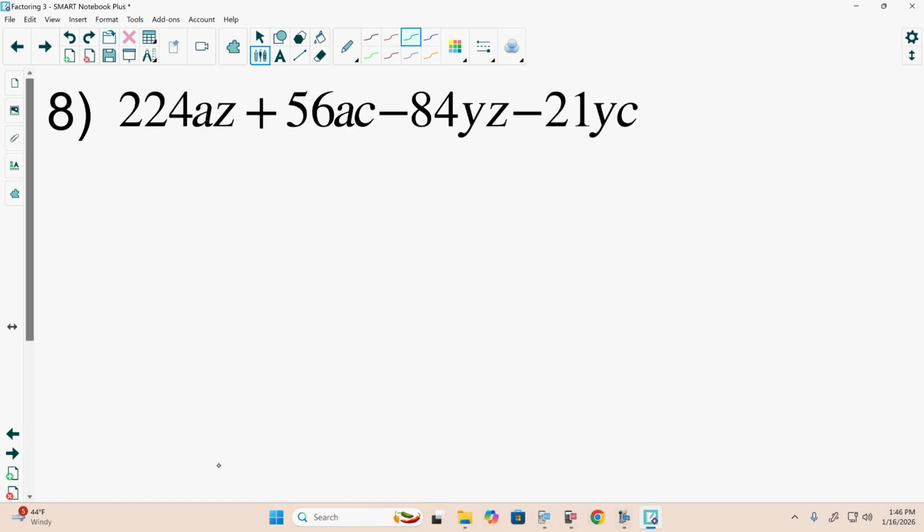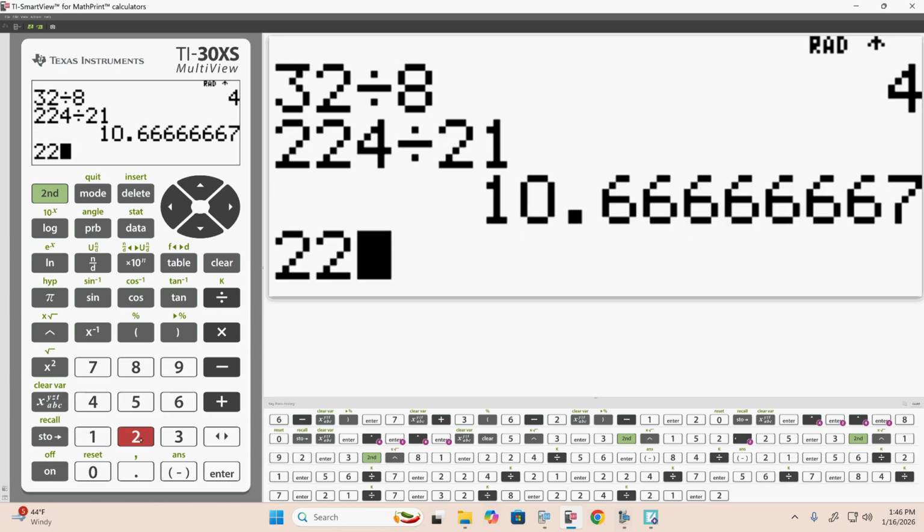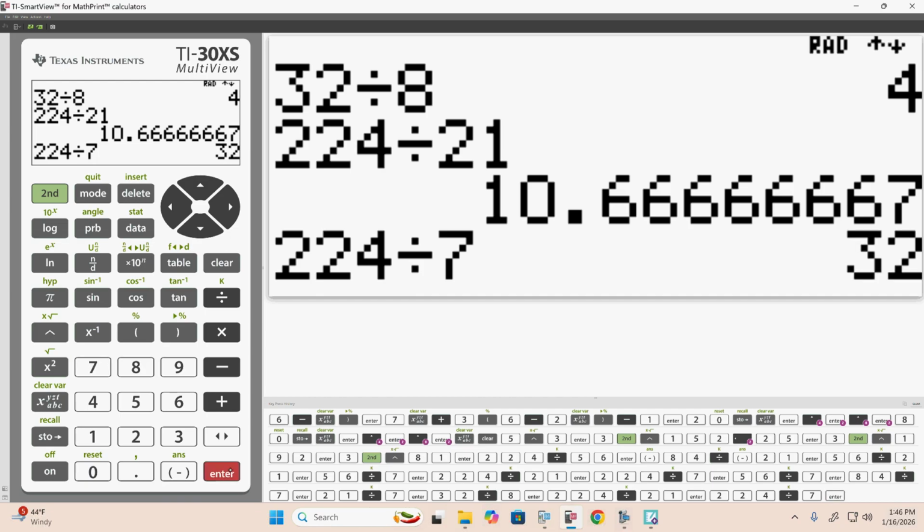What other number is 21 divisible by? 7, yes? Might as well try it next. 224 divided by 7, yes? If this doesn't work, well, the next number we can try is what? 3. And that's it, because there are only 3 real possible factors that we can try.